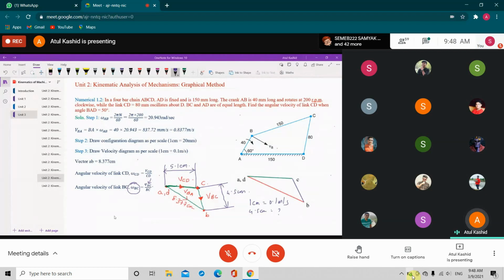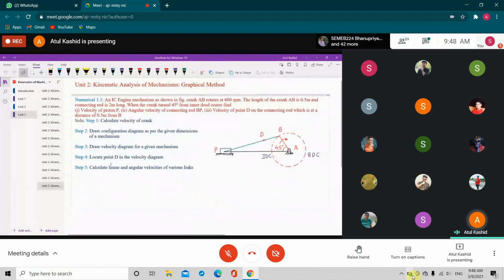Okay, now I think we should stop over here. So this lecture we have used to clear the concept of velocity and acceleration using the graphical method. Now one thing you can do, you can take a snapshot of the screen now. So this is the second numerical that we are going to solve in the next lecture. Please take this snapshot and you can try it at home, right?